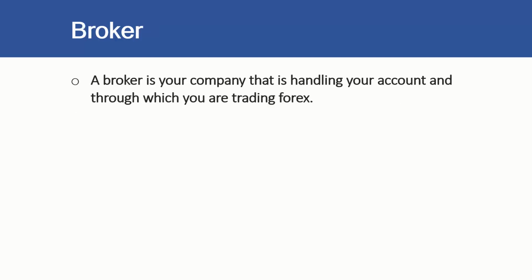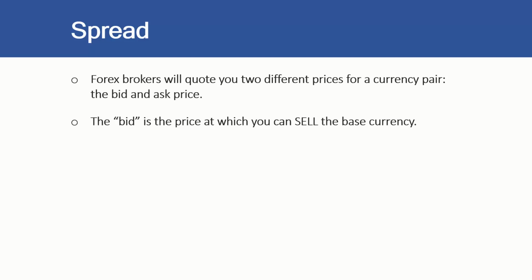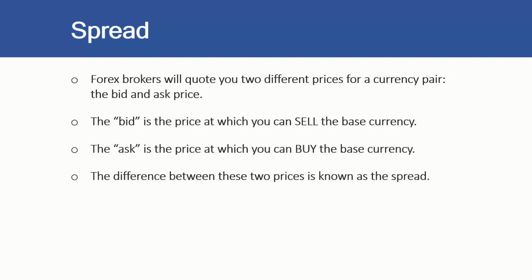And then we have the broker, and a broker is a company that is handling your account and through which you are trading Forex. Forex brokers will quote you two different prices for a currency pair, the bid and ask price. The bid is the price at which you can sell the base currency. The ask is the price at which you can buy the base currency. The difference between these two prices is known as the spread.